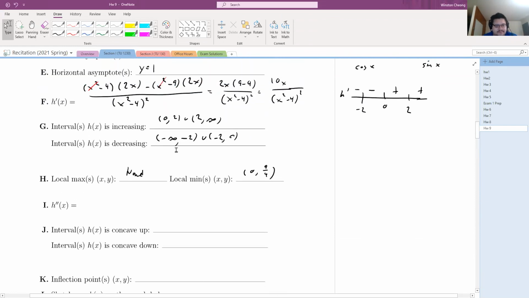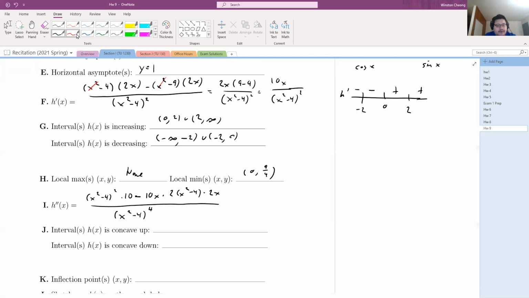Okay. Yeah. So now we need to take another derivative, and I think it's about the same difficulty. Right. So again, quotient rule. X squared minus 4 quantity squared times 10 minus 10x times 2x squared minus 4 times a 2x all over x squared minus 4, and then we square the squared, so 4th power.